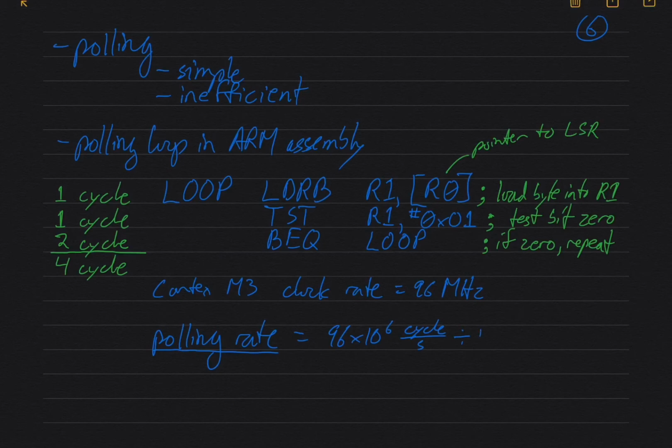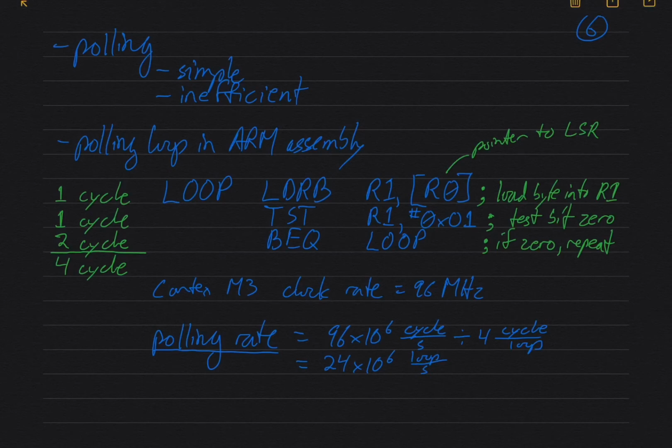We've counted that up there as 4 cycles per loop, and so that gives you 24 times 10 to the 6 loops per second, or polls per second.